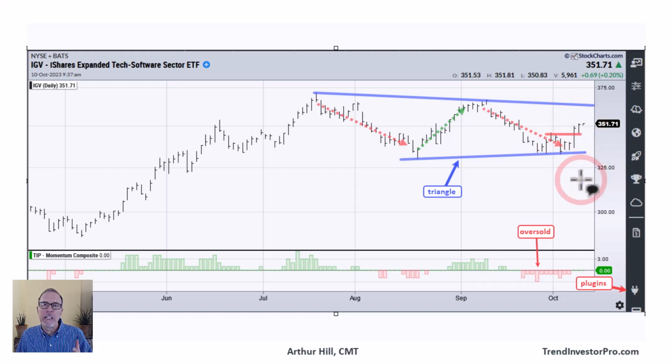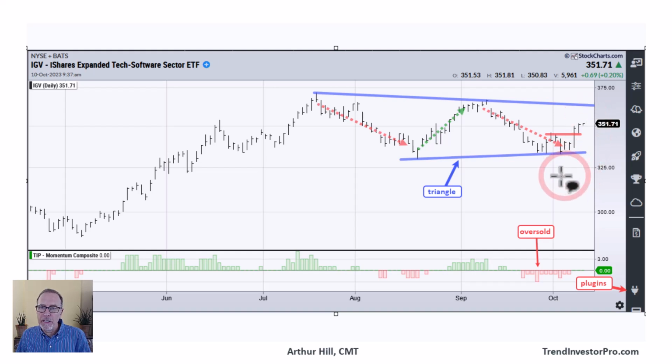And the way we can get a jump on that bigger symmetrical triangle breakout is to trade the signals within the pattern. And so we get this downswing here. We establish support with a couple of bounces, and boom, we get a little breakout, a breakout above that September high, that late September high. So that reverses the downswing and increases the chances that we'll get a symmetrical triangle breakout here in IGV.